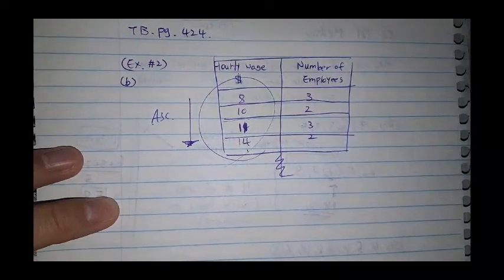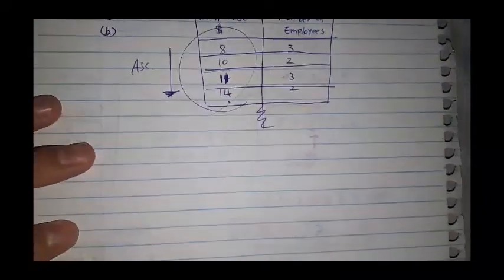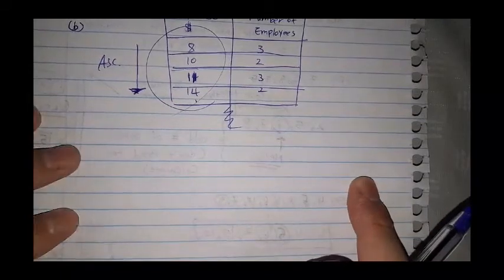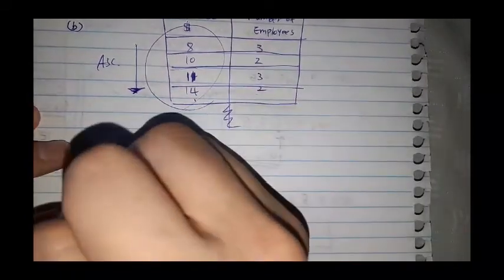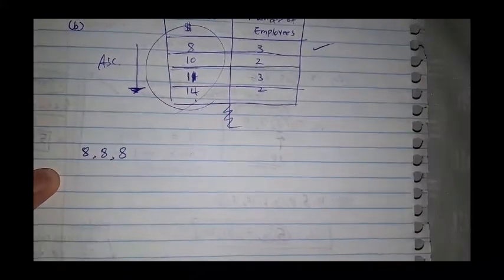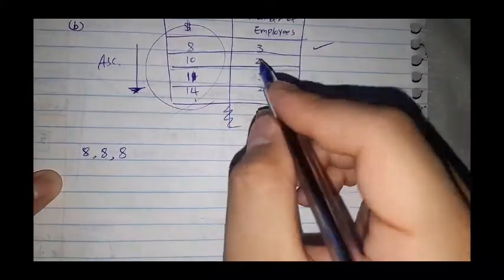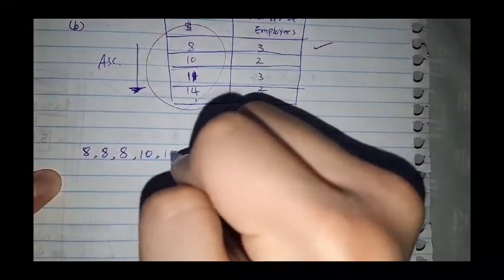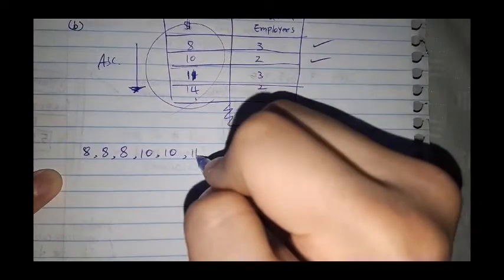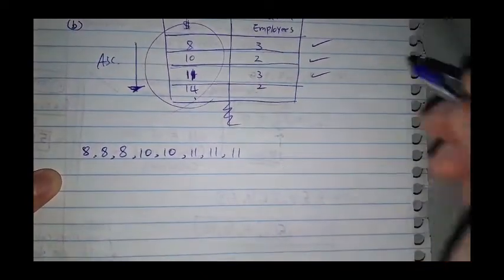So that means I can just list this data set on a number line, if you will. I have 3 employees that do 8 hours, so 8, 8, 8. That part is done. 10-hour worker for 2, 10, 10. 11 for 3, 11, 11, and 11.